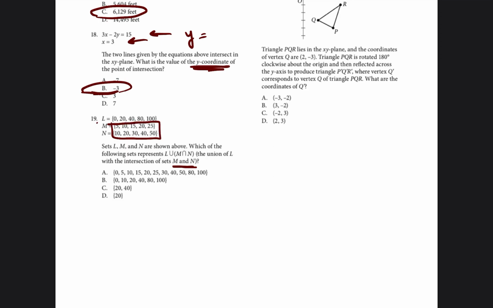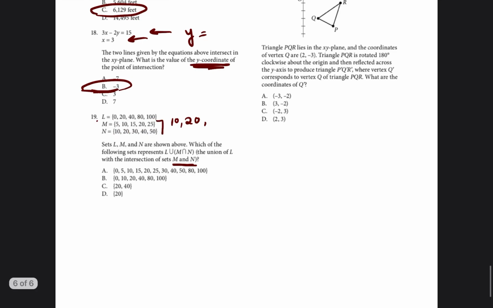So for example, 10 is found in both, 20 is found in both. 10, 20. I think those are the only ones found in both. I kind of drew over the numbers, so let me just double check. So intersection means when M and N are compared, what numbers appear in both. So far, I think it's only 10 and 20.